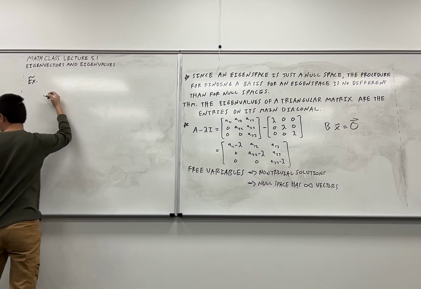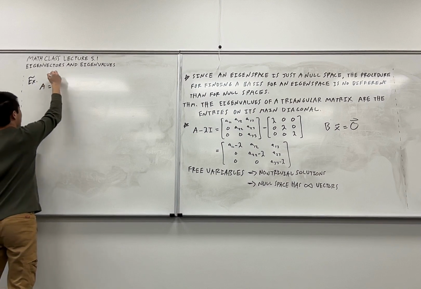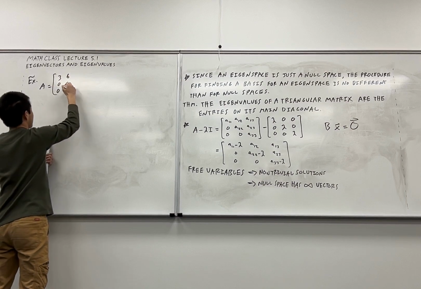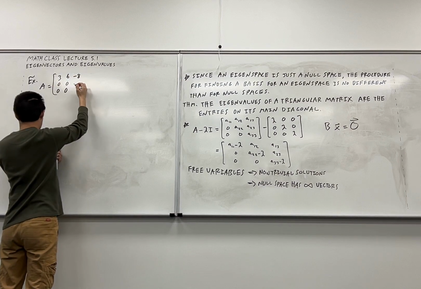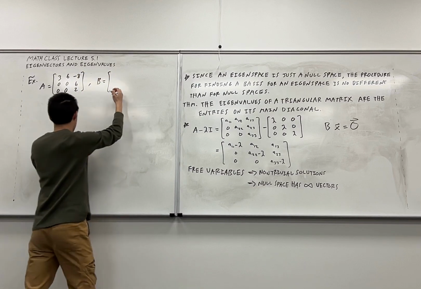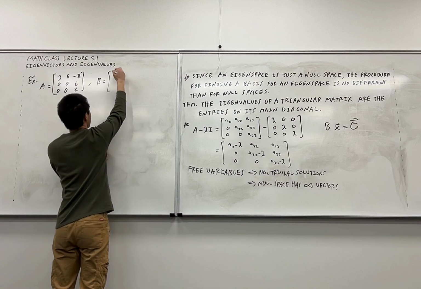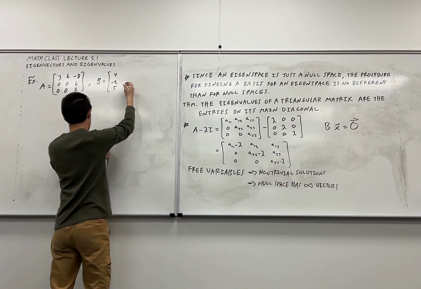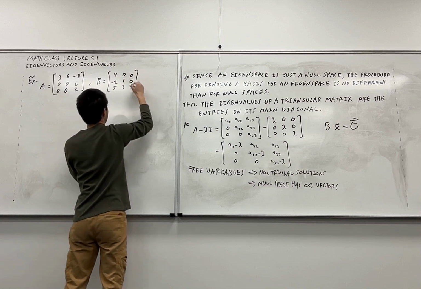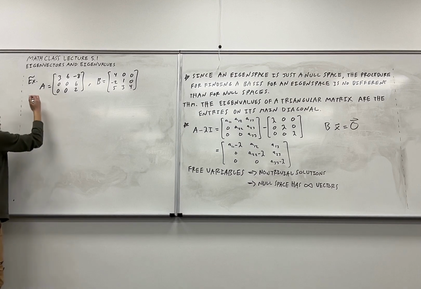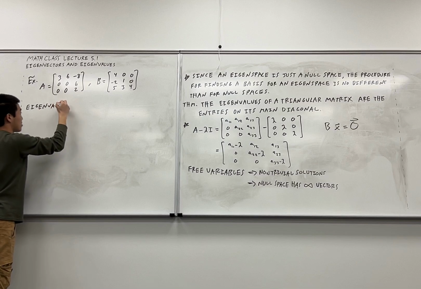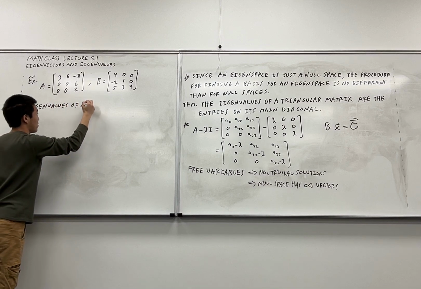Okay, so practically speaking, suppose you're given these two matrices. Suppose the matrix A is equal to 3, 0, 0, 6, 0, 0, minus 8, 6, 2. And maybe a different matrix B is 4, minus 2, 5, 0, 1, 3, and 0, 0, 4. So the eigenvalues of A are what?